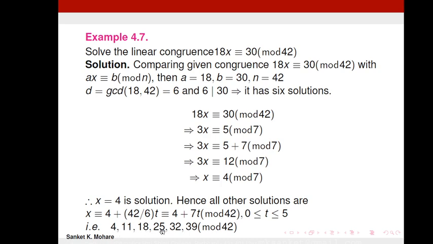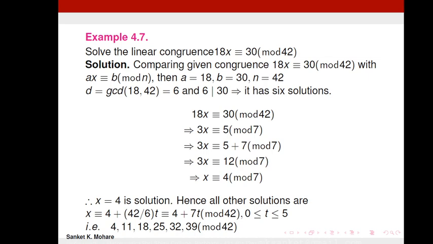6. So total 6. Remember, whenever ax is congruent to b modulo n, this is a linear congruence, and if GCD of a comma n divides b, then it has exactly d solutions.